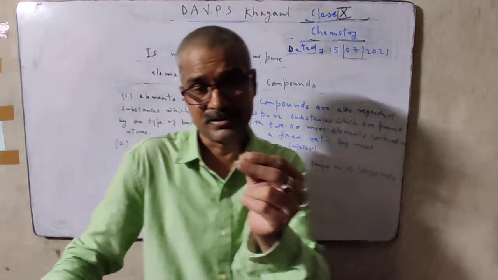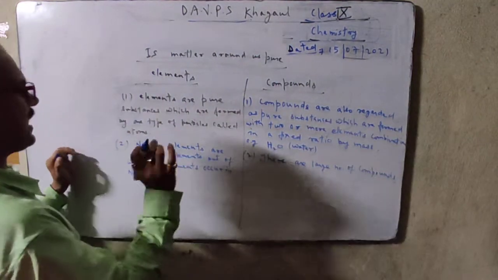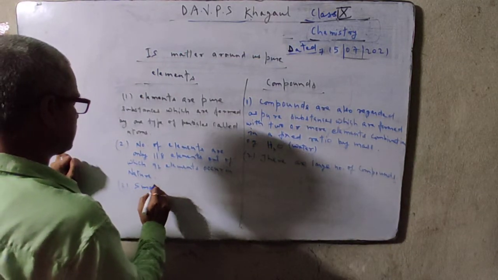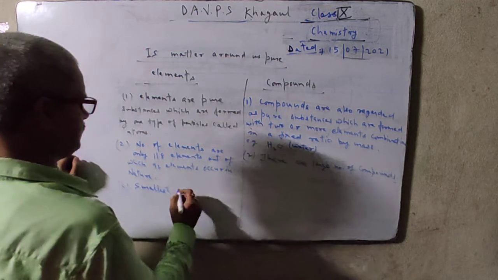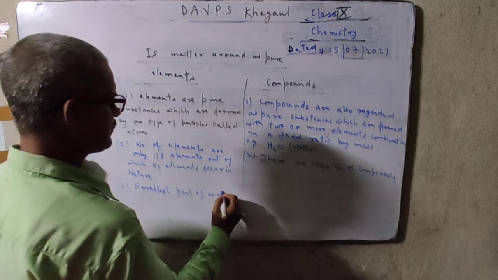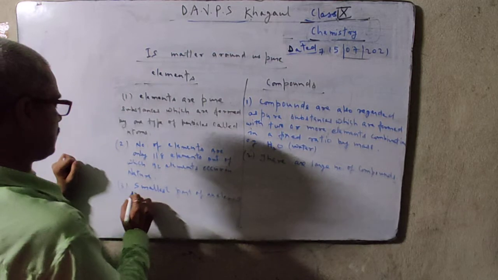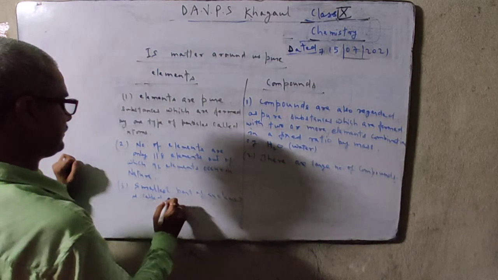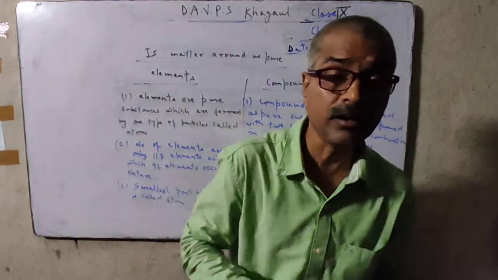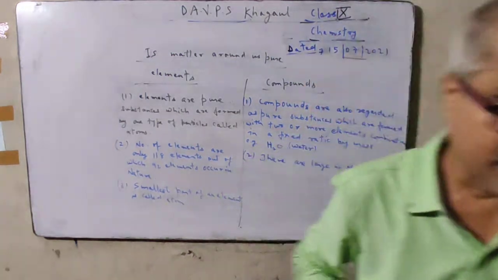The smallest part of an element is called an atom. But the smallest part of any compound is called a molecule. Okay, that is a very important point.